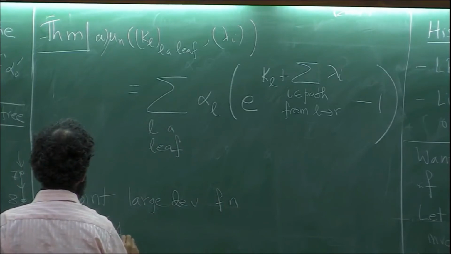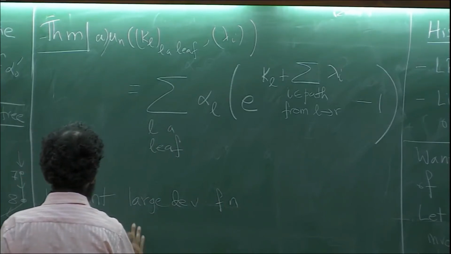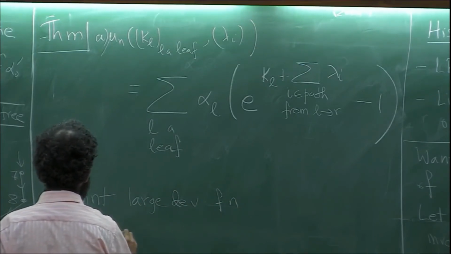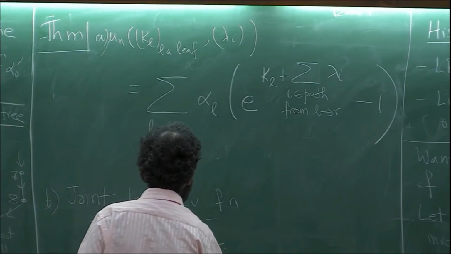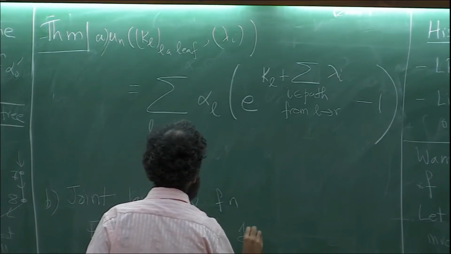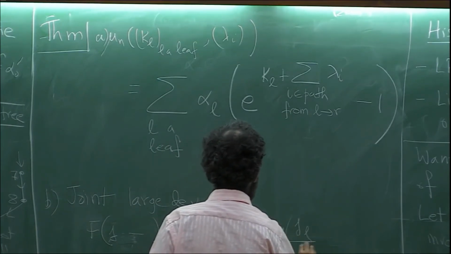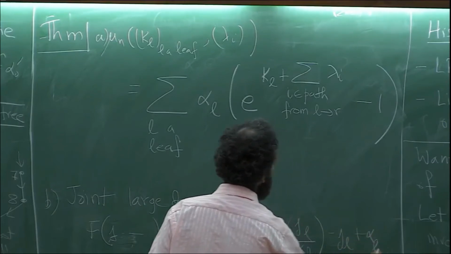So f of all the j's is given by the sum over leaves, again the same kind of formula, J L log J L by alpha L minus J L plus alpha.